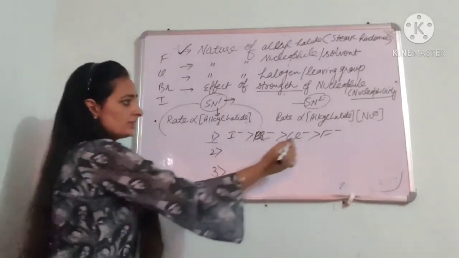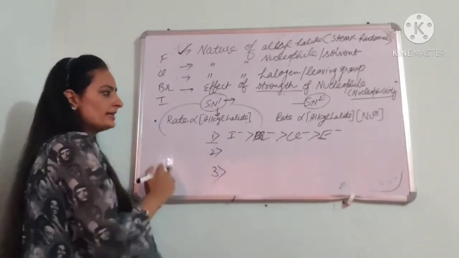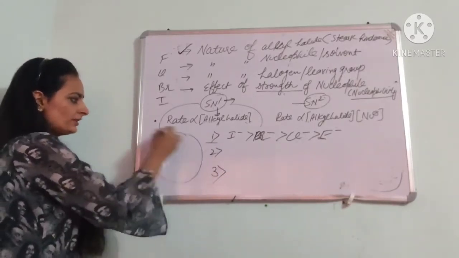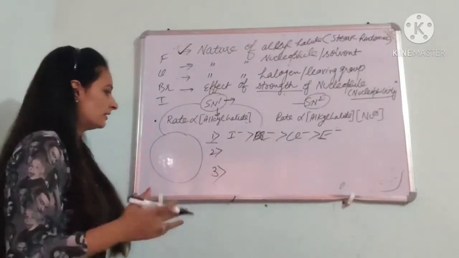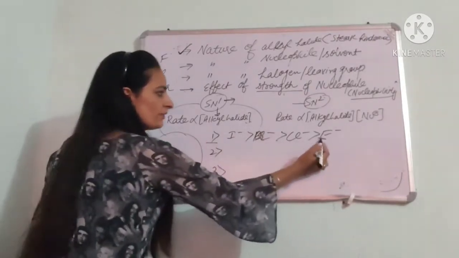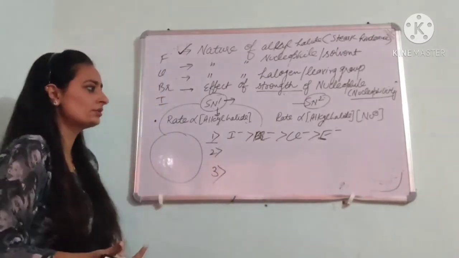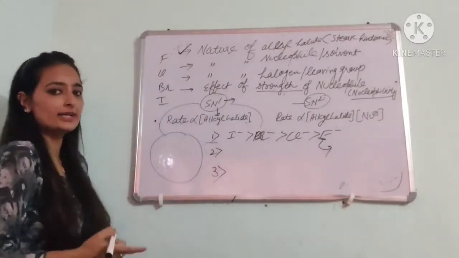Why? In case of F negative, the size is smaller as compared to I negative. The bigger the size of the nucleophile, the more easily it can polarize the alkyl halide. In case of F negative, the electron pair is bound to the nucleus, so it doesn't easily donate the electron pair to any alkyl halide.